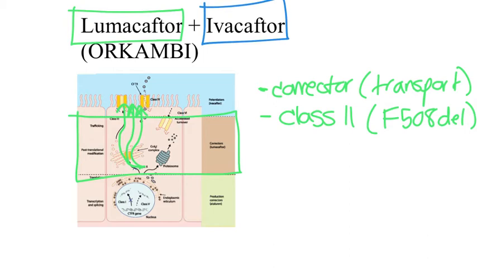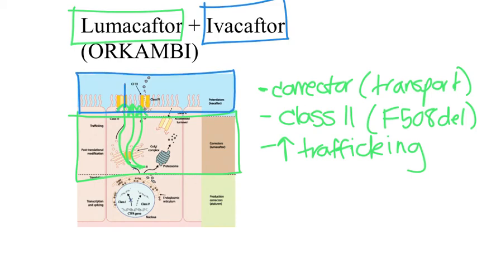When given in combination, lumacaftor serves to correct or increase trafficking of the CFTR channel to the surface of the cell. Now that there is increased CFTR protein found at the cell surface, ivacaftor can act as a potentiator to increase function of channels that are trafficked to the cell surface.